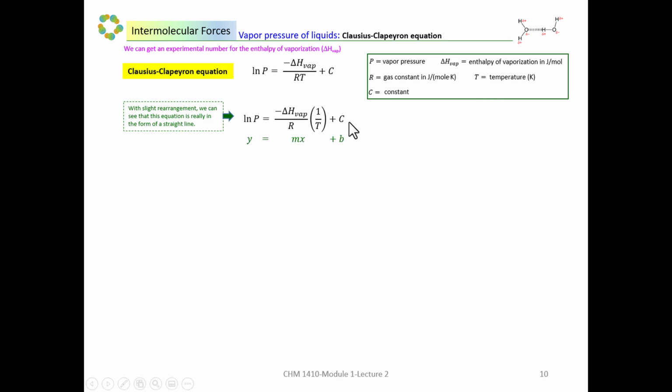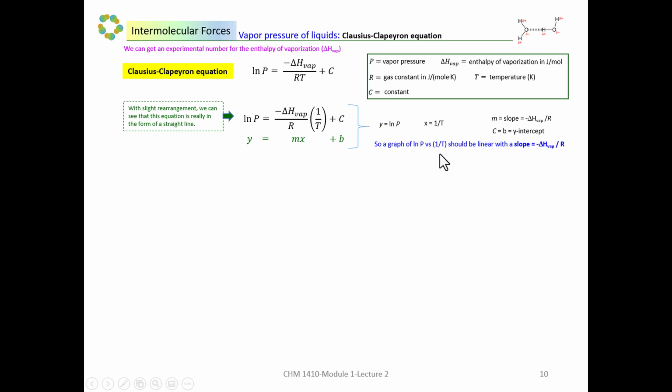So you see I've broken out the 1 over T term here, and so we have this equation in the form of y equals mx plus b, where y is the natural log of the vapor pressure, x is 1 over T, and m, the slope, is equal to minus delta H of vaporization over R, and the constant C is simply the y-intercept.